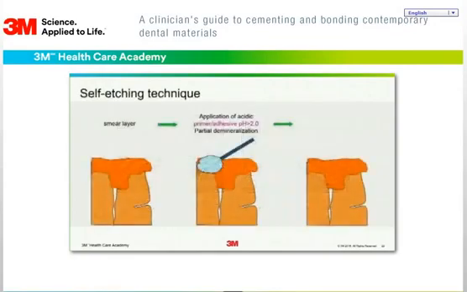So, what changed? Well, in pursuit of the sensitive-free, properly bonded restoration, manufacturers developed a technique where we now eliminated the phosphoric acid. So essentially, the primer was combined with the adhesive, and the primer is weakly acidic, on the order of a pH of 2 or higher.